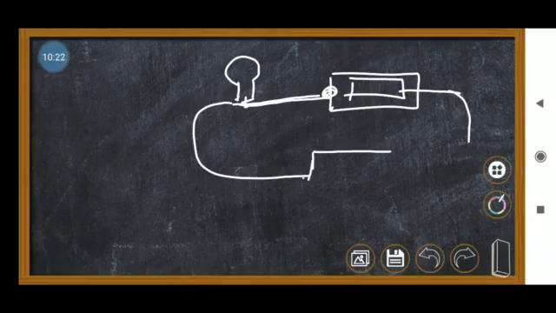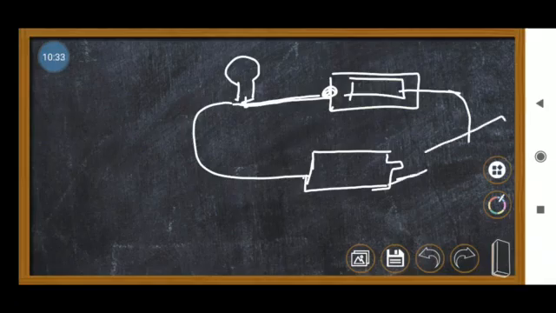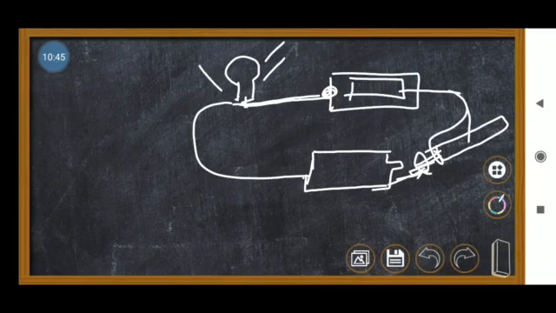I'll take it as a cell. Then you take one tester and connect its ends here. If you connect it and the bulb glows, the circuit is closed. But what happens if the bulb is not glowing?